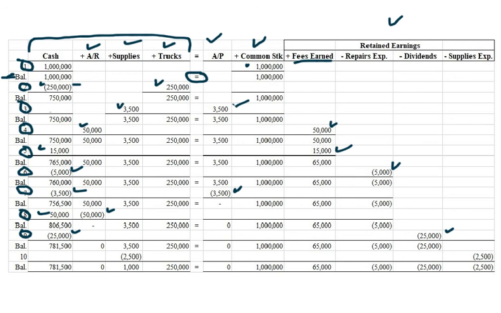In other words, they will just say, oh, this is what we have on hand. So if we only have 1,000 out of 3,500 remaining, therefore we used up 2,500, so take $2,500 out of supplies, excuse me. And then also the offset should be to supplies expense for a like amount.